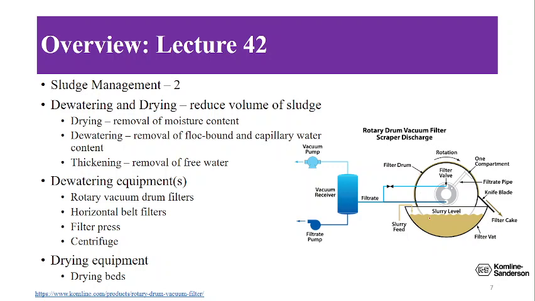The slurry gets attached to the outer surface of the drum, and the liquid passes into the drum, while the solids get attached to the outer surface. It is rotating, and there is a knife blade here which scrapes off the filter cake which is getting deposited on the outer surface.